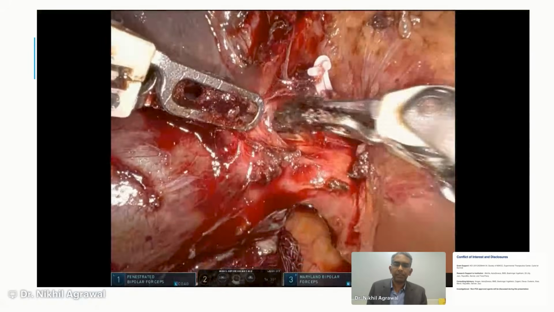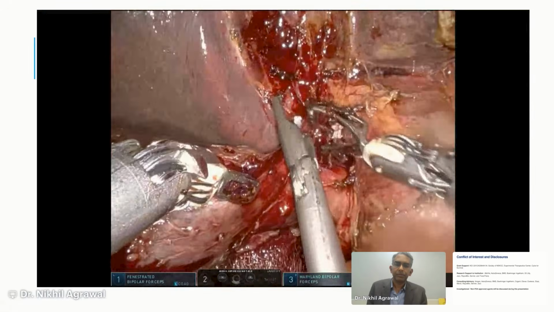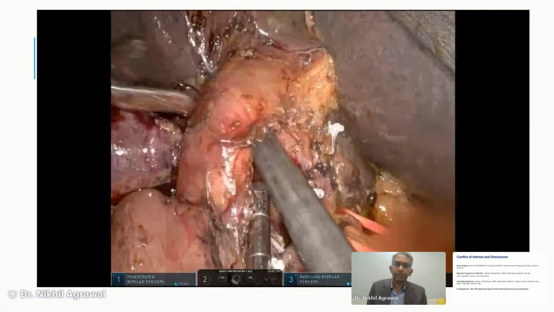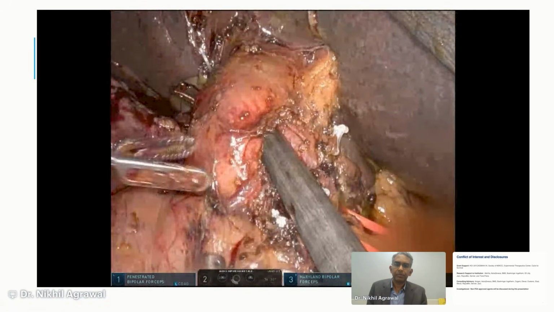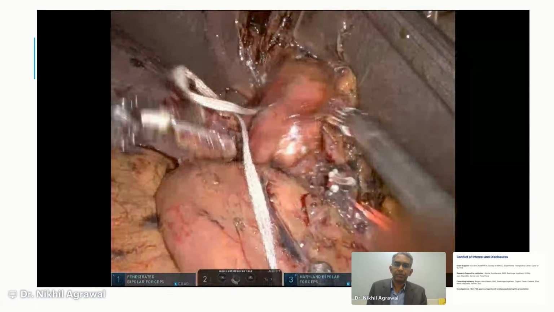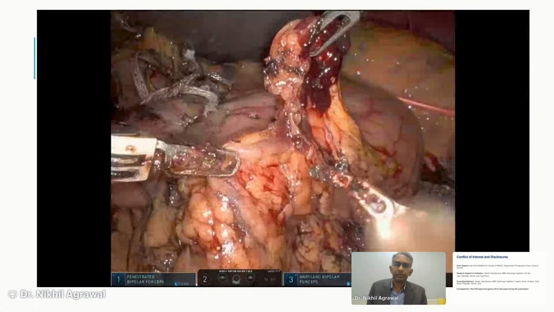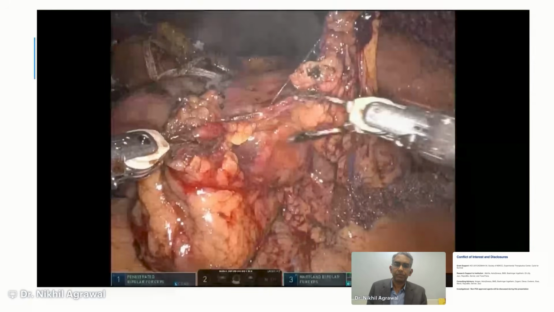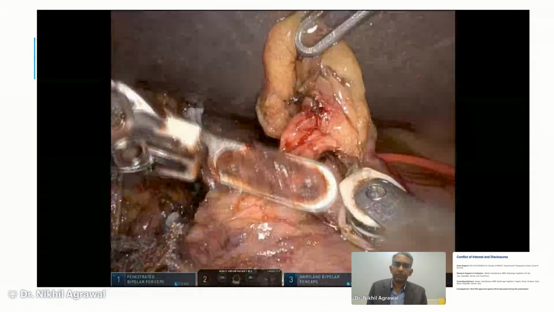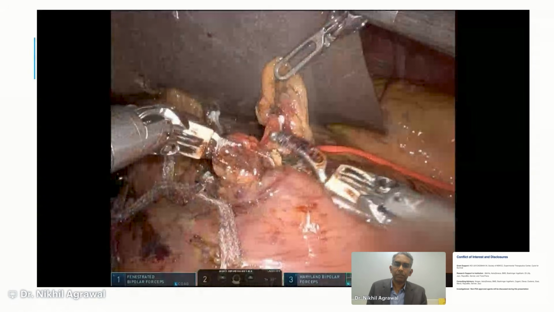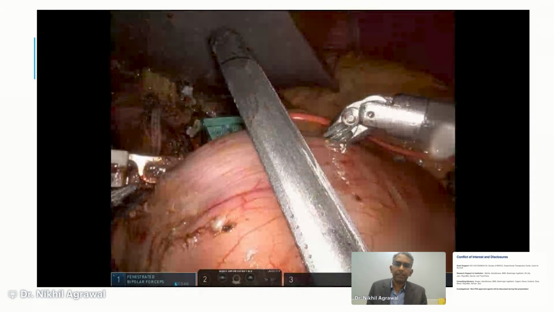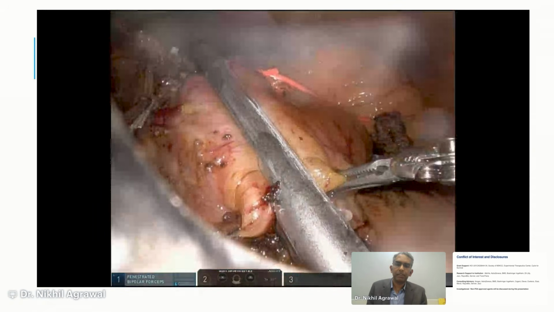Then we will do the cholecystectomy. On the lesser sac side and the greater curvature is divided, and then we divide the stomach with a stapler.